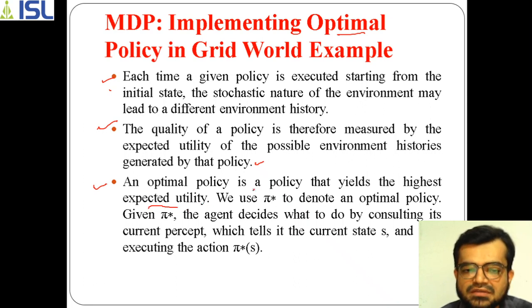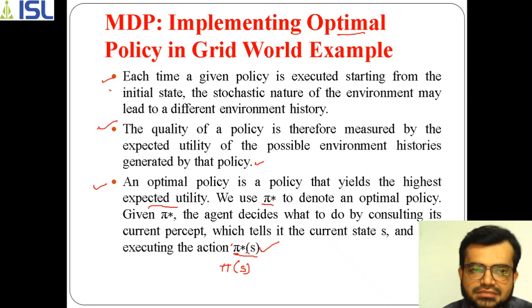We denote it by pi star, which stands for optimal policy. Here the agent decides what to do by consulting its current percept, that is the current state, and then executes the action based on it. In a normal policy the action is chosen one way, but when I use the optimal policy, the actions are taken with the help of the star.